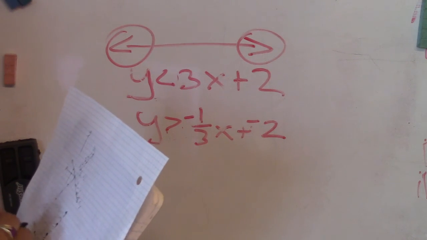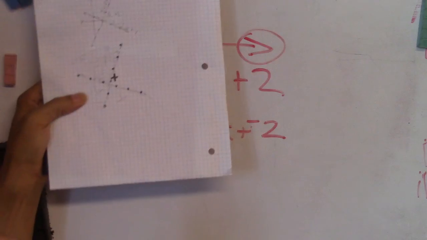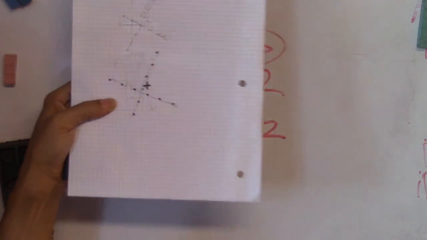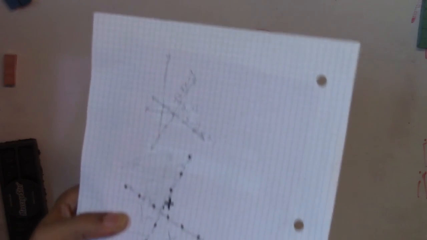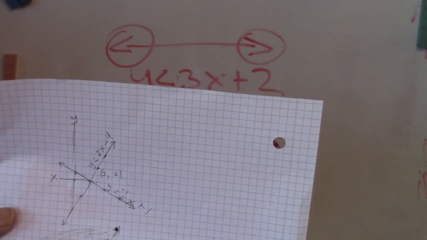So for this problem, if you're saying y is going this way, there, how's that? Y is going negative, or less than. Is that easier to see? So that's the solution set?